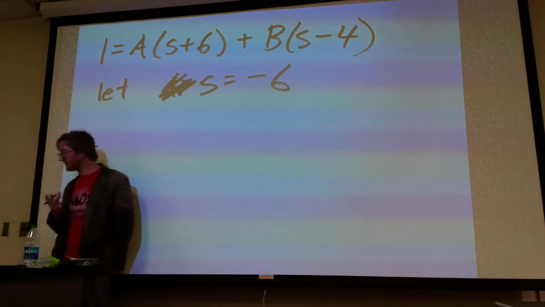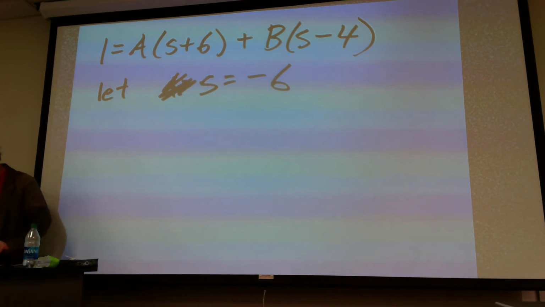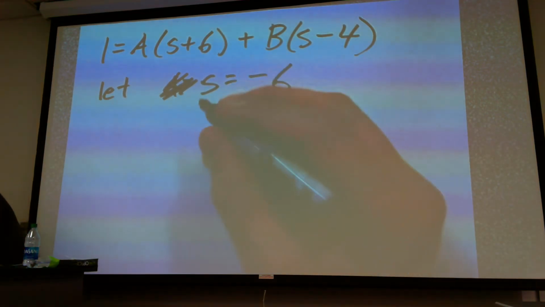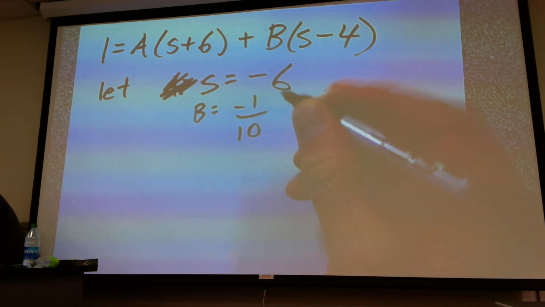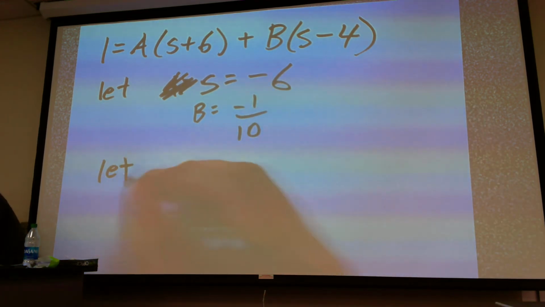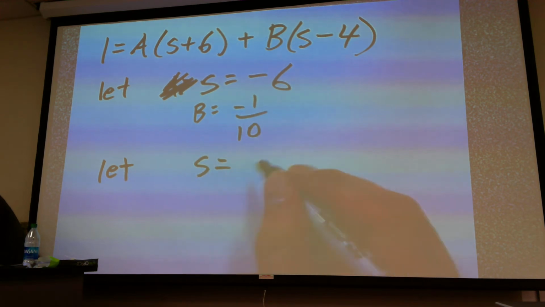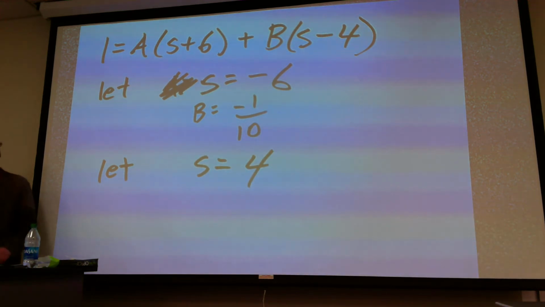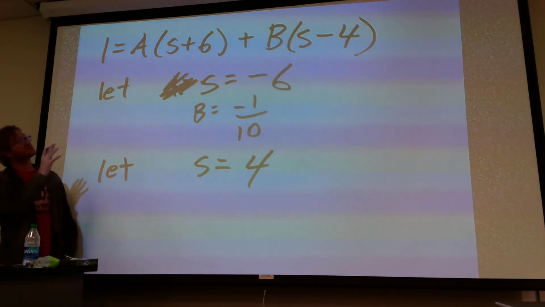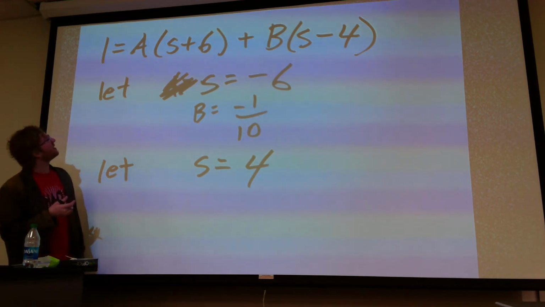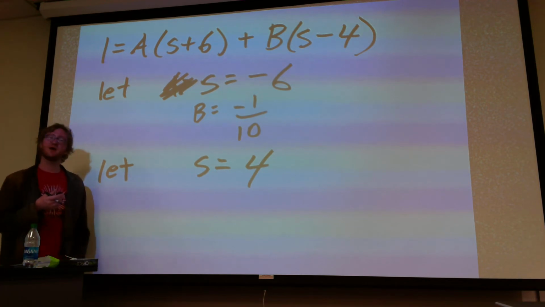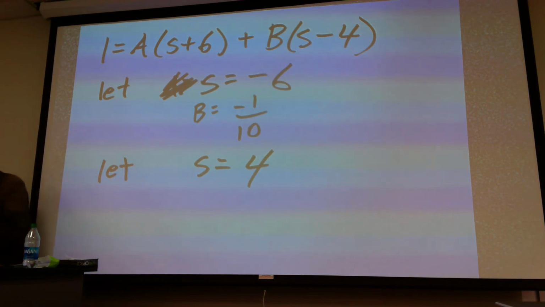That's telling me that B is going to equal negative 1/10. Then I could say, well, let's let s equal 4. So that's going to completely eliminate the B term because of 4 minus 4. And then A is going to be multiplied by 4 plus 6, which is 10. So A is going to be 1 divided by 10.